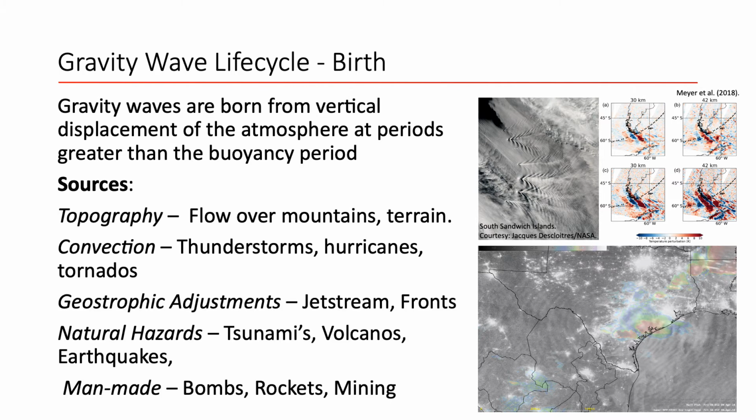Some other sources, geostrophic adjustments, are basically when there's an imbalance in the flow and the imbalance acts to correct itself. The energy from that correction can be turned into gravity waves which propagate away. Also natural hazards such as tsunamis, volcanoes and earthquakes can cause gravity waves, as well as man-made sources such as bombs, rockets and mining explosions.